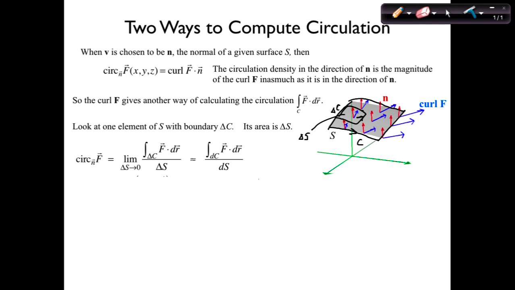And then we can make things approximately really small. When things get really small, then it's like a little teeny circulation around each kind of point area. And so then just solving this, we can say that that integral is the same as the circulation density times dS. So I'm just multiplying both sides by dS here.